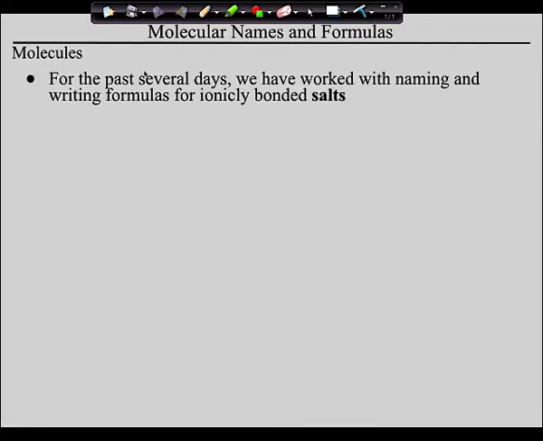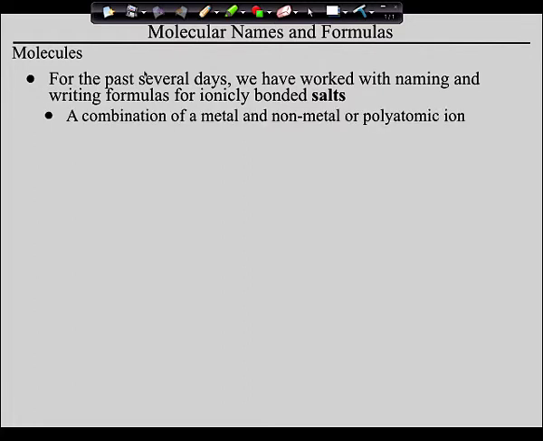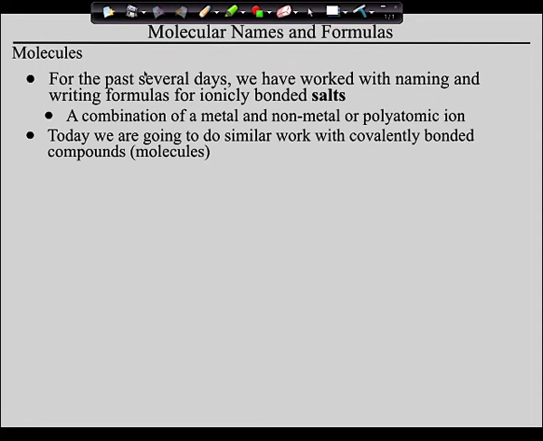So in review, and you don't need to write this down, for the past several days, we have been talking about naming and writing formulas for salts. Now we are going to do the same thing, only with the covalently bonded substances, and we call those molecules. Here's the deal. When you do this, there's no Roman numerals, there's no lowest common multiple, there's no working it backwards, none of that stuff.